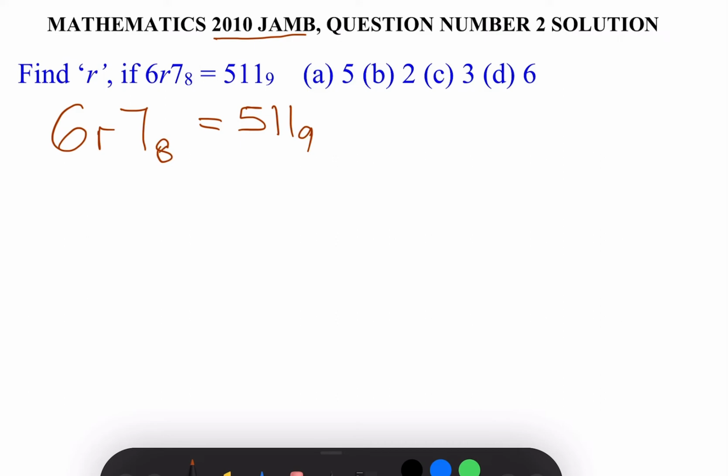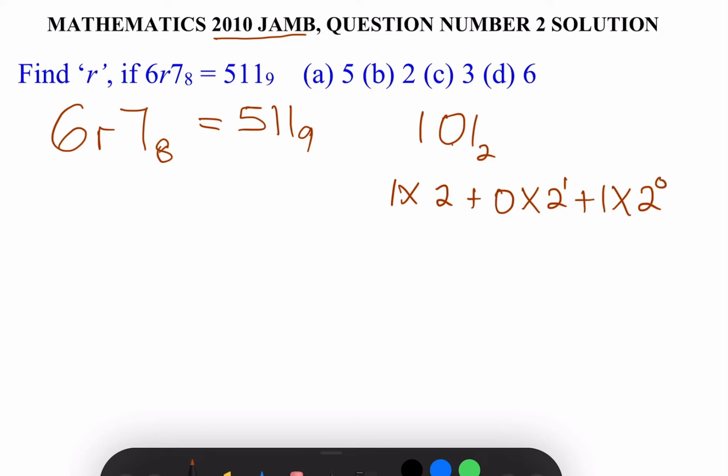And how do we convert to base 10? Remember, if you are converting to base 10, you are doing multiplication. Example, if you have 101 base 2, you want to convert it to base 10, you're going to do 1 times 2 plus 0 times 2 plus 1 times 2. Then start from the last 2. You write 0 here, 1, 2.